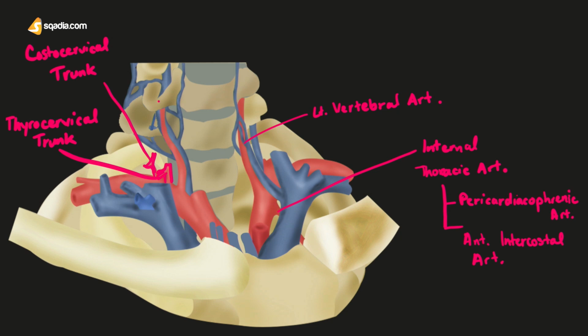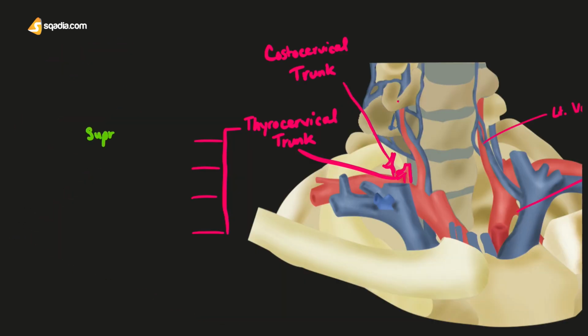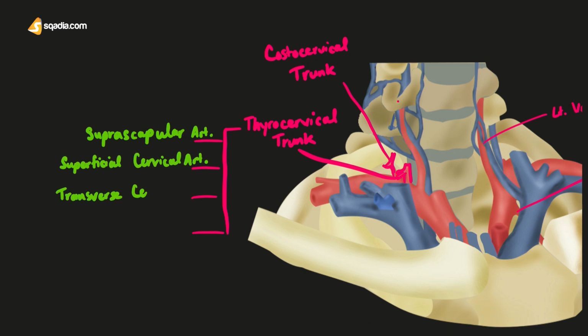So let's write down its branches. So the inferior thyroid artery, it further gives off 2 more branches, the ascending cervical artery and the esophageal branch of the inferior thyroid artery.